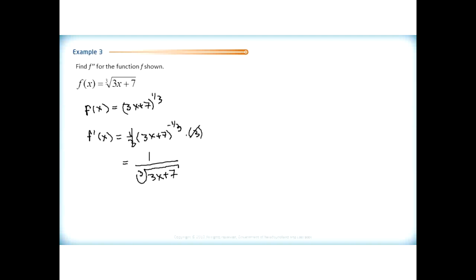But we're going to actually look more carefully to find the second derivative at this stuff because it's written as a power rule, which makes it a little bit easier to deal with. Okay, so let's go with the power rule to differentiate that. So f''(x) now is going to be negative 1/3 times (3x + 7) to the power of minus 4/3.